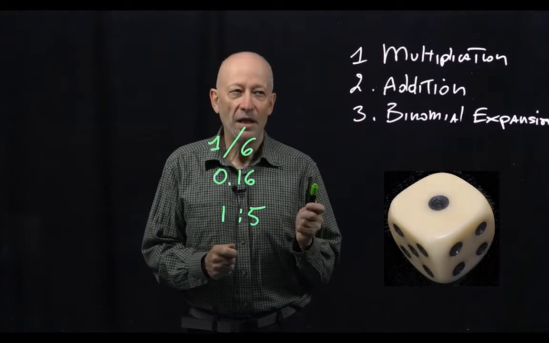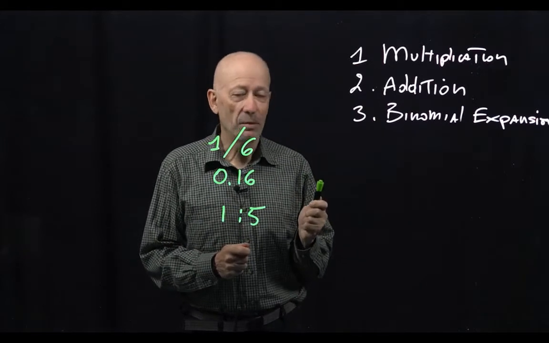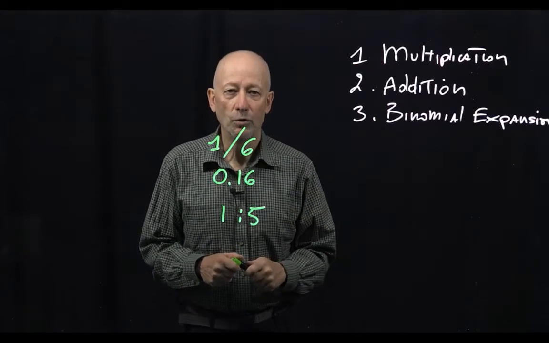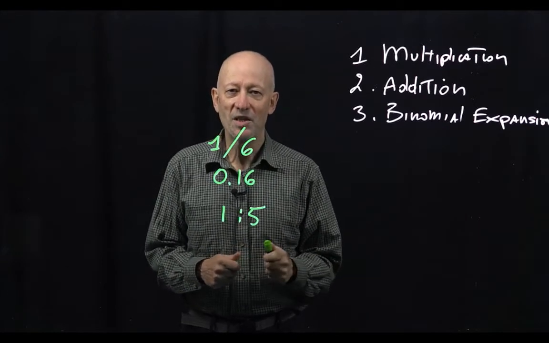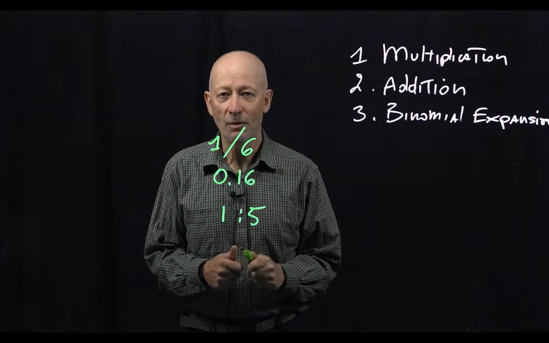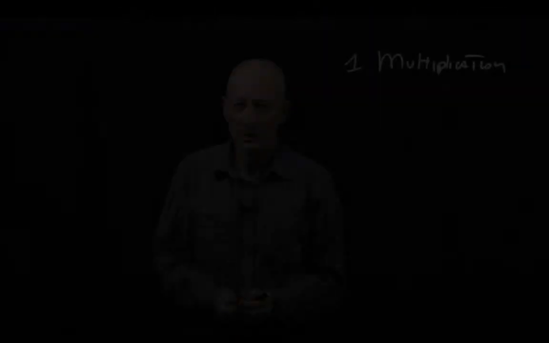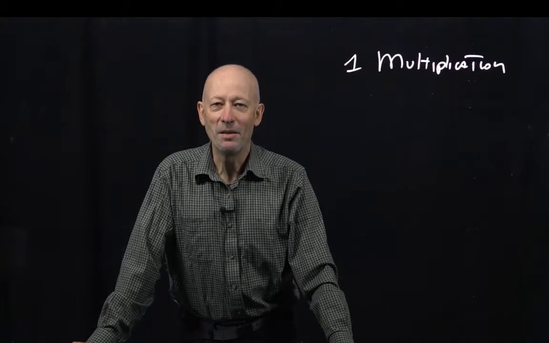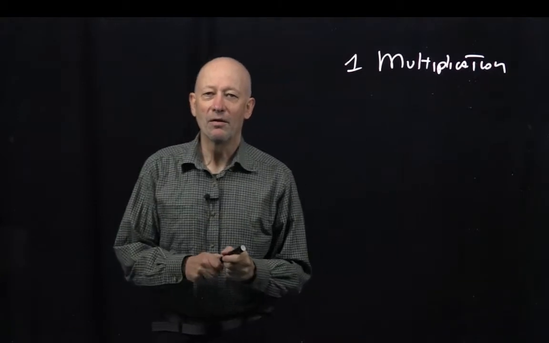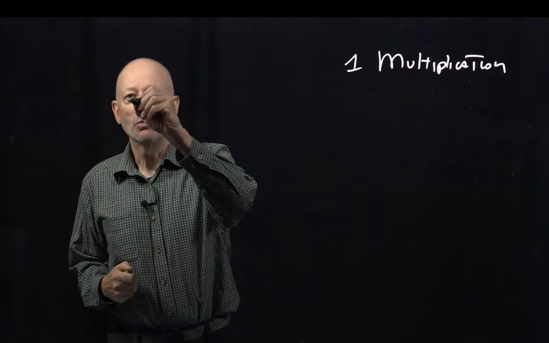I'll tell you today about 3 methods. One is the multiplication method or rule, the other one is the addition rule, and the last one is the binomial expansion, and we'll see how these apply to genetics and what they mean. The multiplication rule: you multiply the probability of independent events. Consider, for example, a case where we have a heterozygote.